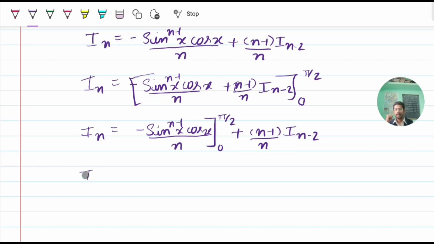Then I_n equals minus, applying the limits, sine power n minus 1 of pi by 2 into cos of pi by 2, whole divided by n.